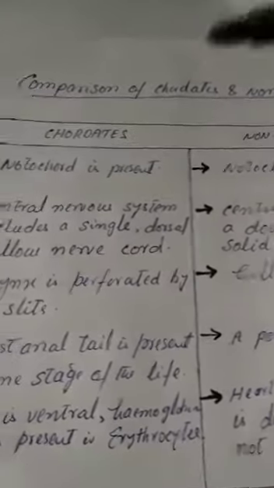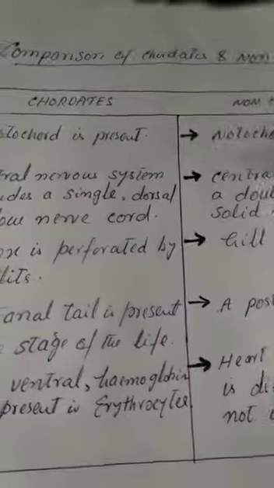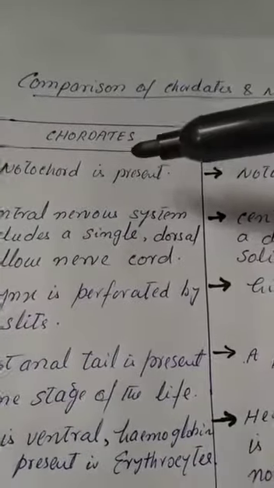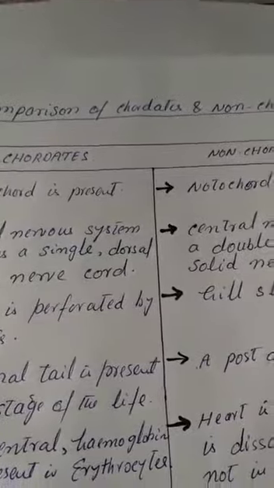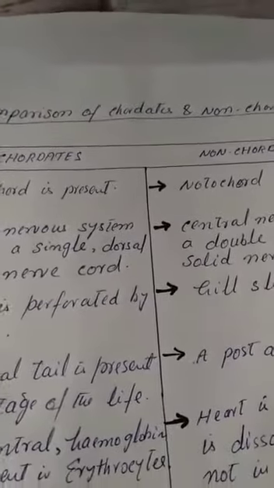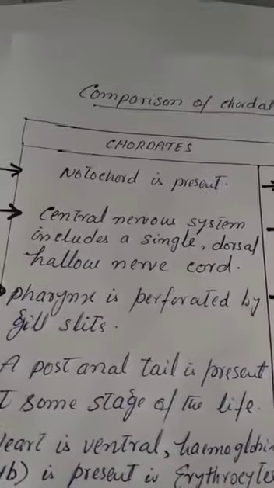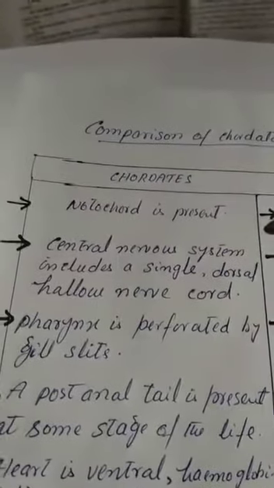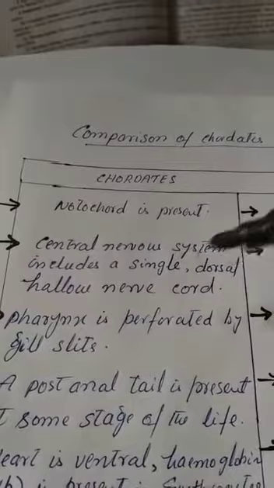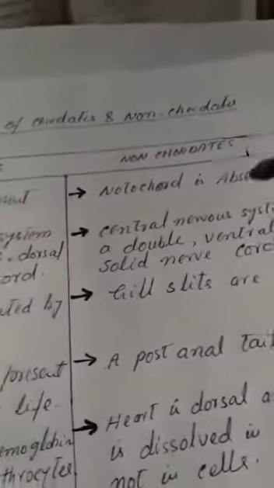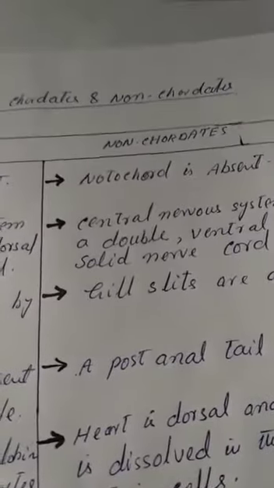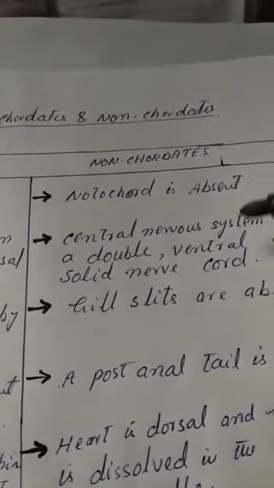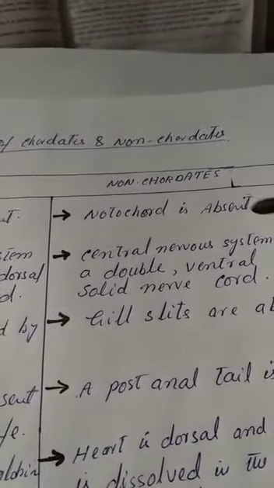Number one, in chordates the notochord is present, whereas in non-chordates the notochord is absent. Secondly, the central nervous system in chordates includes a single dorsal hollow nerve cord, whereas the central nervous system in non-chordates includes a double ventral and solid nerve cord.